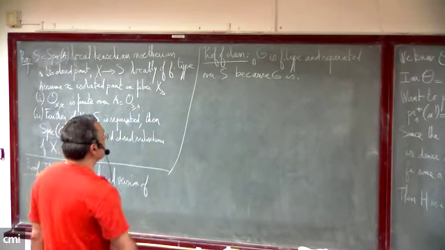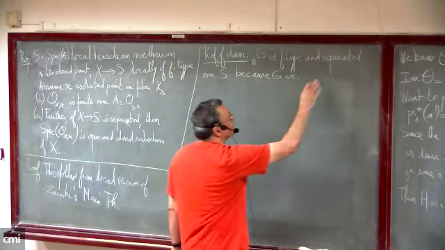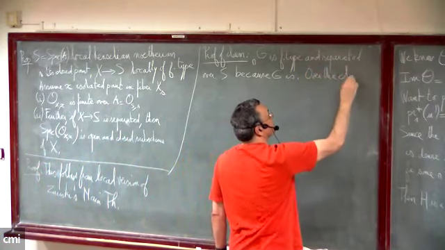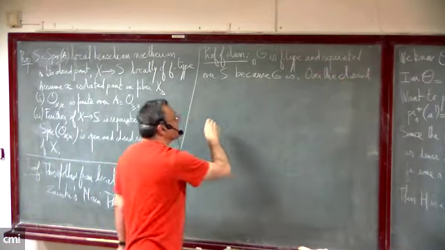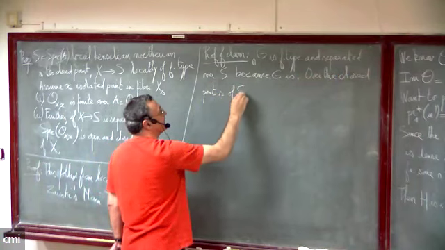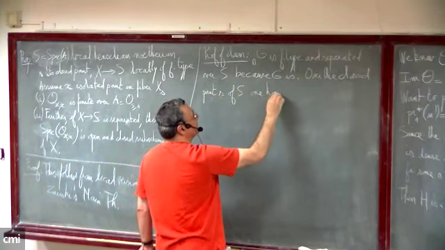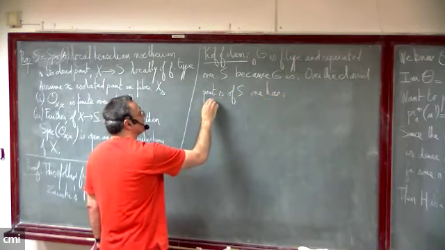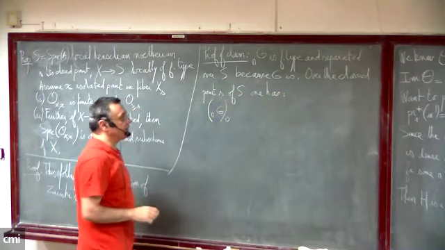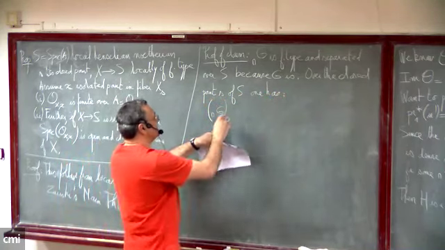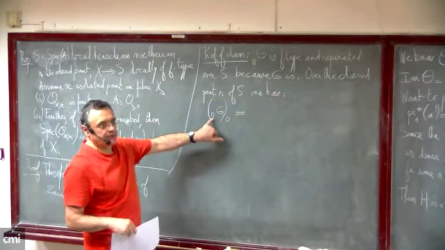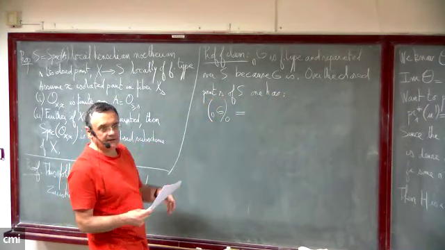And what do we know? Over the closed point of S, if we take the fiber, this is a fiber product, so this commutes with base change.